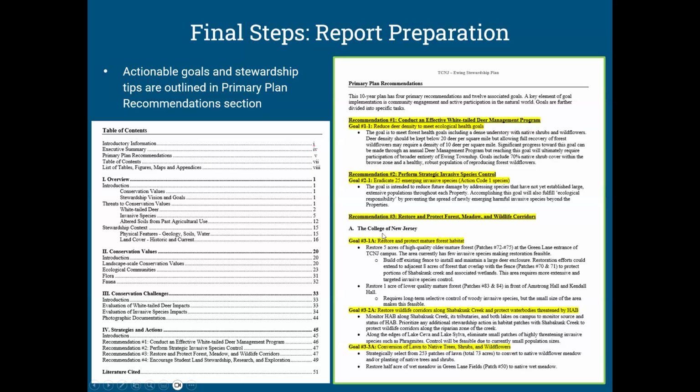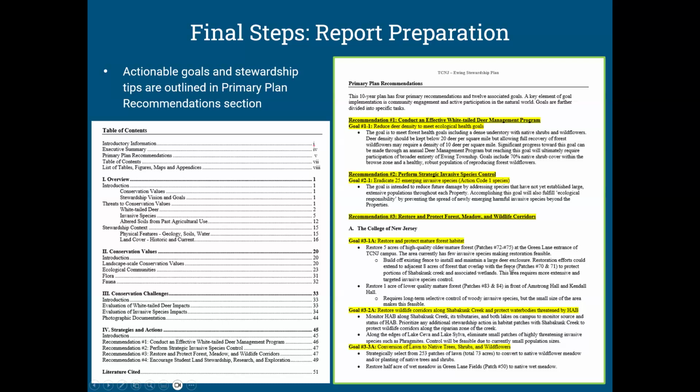And then when you get down to recommendation 3, now you're getting much more site specific. So for this one, we wanted to restore forest, meadow, and wildlife corridors, still pretty generic. And then you start going, okay, restore and protect mature forest habitat, 5 acres of high quality forest, patch numbers 72 and 75, located in this area.